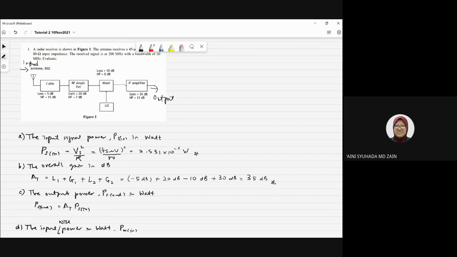So what you need to do is this: the overall gain that you get in part B just now is in dB, so you have to change that to the absolute ratio. Then only we can use that value to multiply with this input power in watt that we have in part A just now.